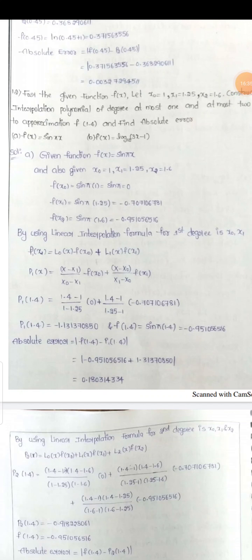P1 of x is equal to L0 of x f of x0 plus L1 of x f of x1. P1 of x is equal to L0 x minus x1 by x0 minus x1 f of x0 plus L1 x minus x0 by x1 minus x0 f of x1.